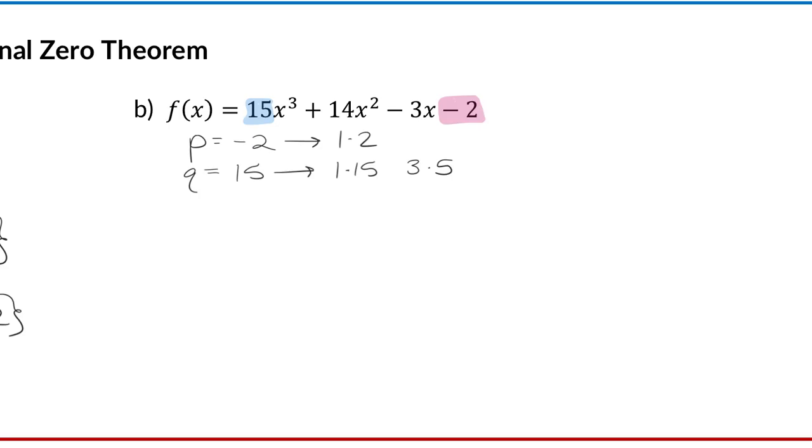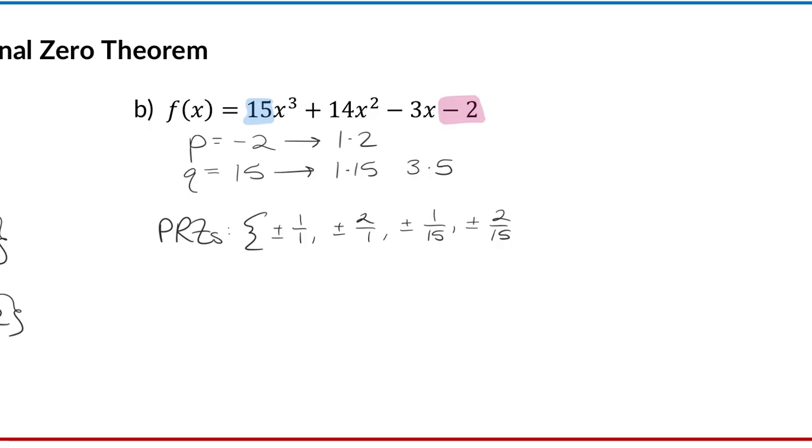You put all of the p's over all of the q's. So our list of potential rational zeros here would be plus or minus 1 over 1, plus or minus 2 over 1, plus or minus 1 over 15, plus or minus 2 over 15. I'm going to pause. I'm halfway through this list, and I just want to make sure we're all on the same page.